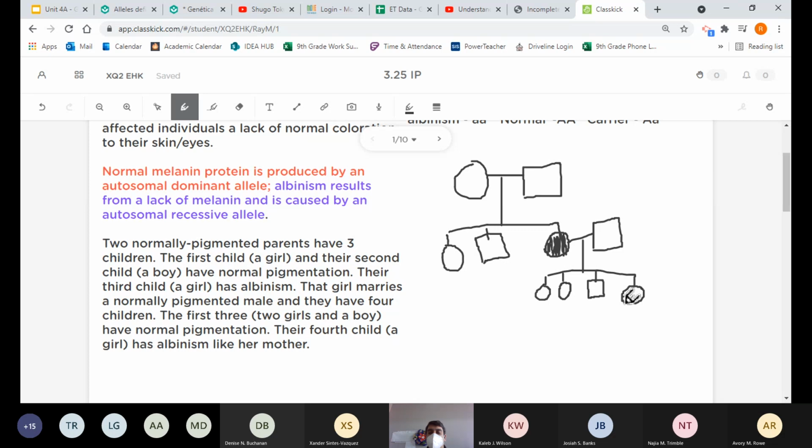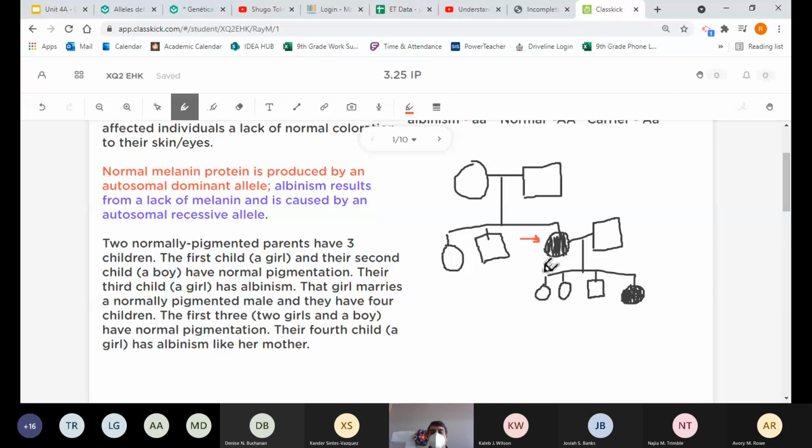Now you might be thinking that we're done, but we are far from done. Now we are told that 2 people in this family tree have albinism. Albinism is a recessive trait. That means we have carriers in this family that we have to figure out. First and foremost, I think you can probably start with this one right here.